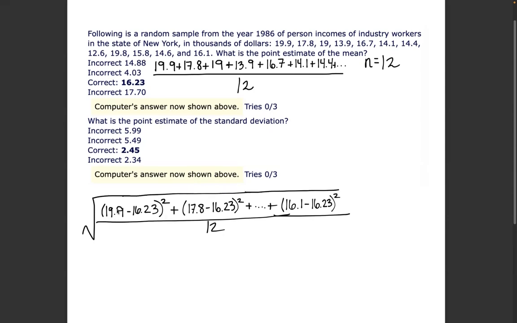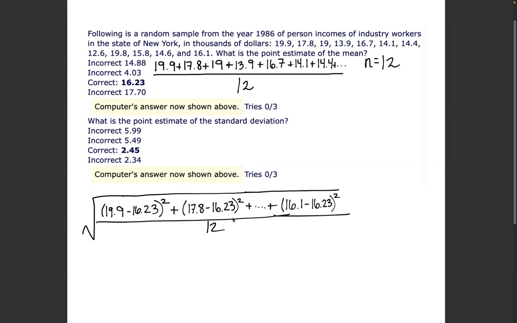So you would take each xi, so let's say we take the first xi, so x1, which is 19.9, subtract the mean, which we had found in the previous question, and then square that, and then add that to the next sample point, which is 17.8, and then subtract that from the mean, square it, and add up all of those, all the way through 16.1.